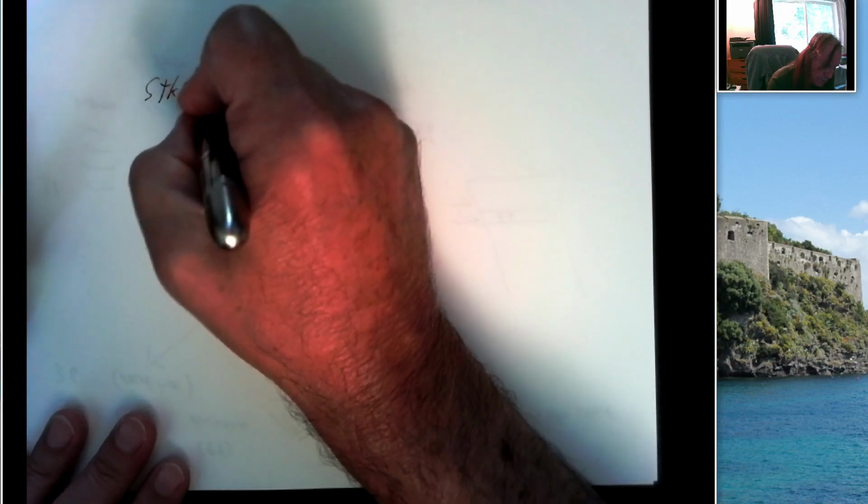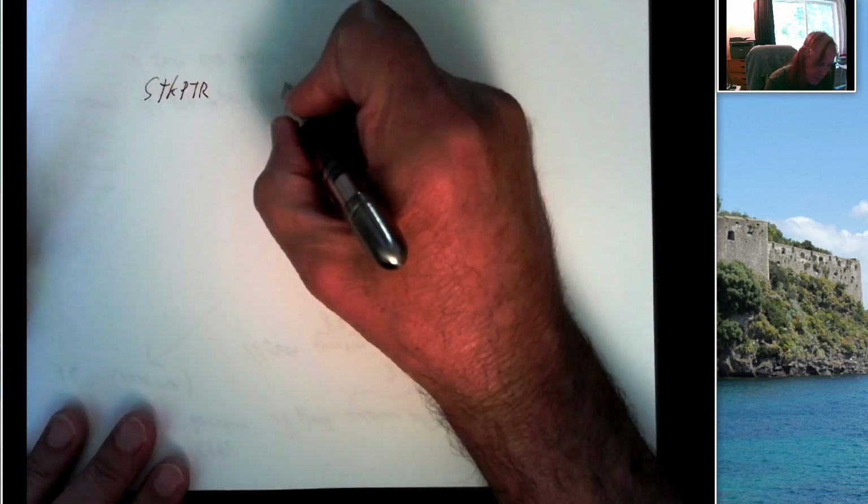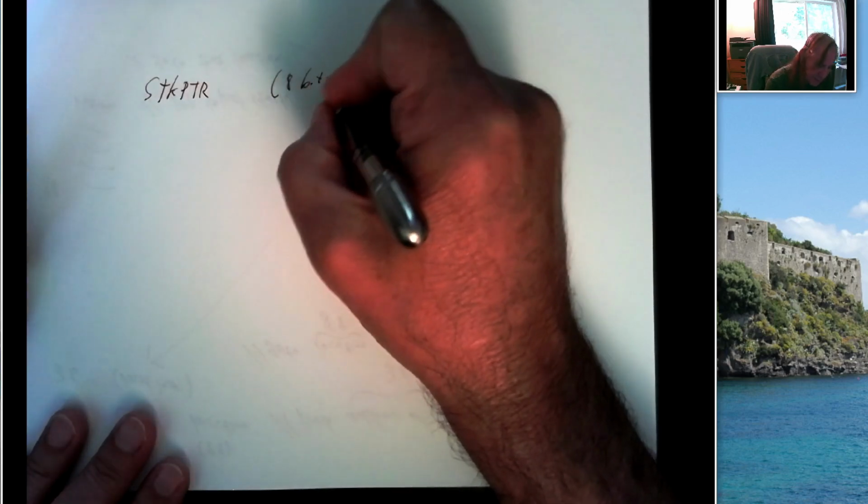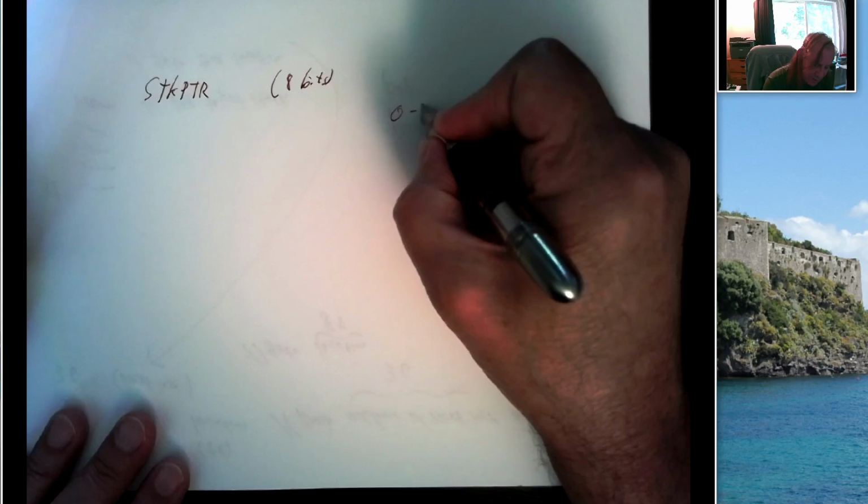Alright, and the last detail to talk about here is how these are implemented inside the PIC processor. Stack pointer is a special function register. It's 8 bits, like all SFRs. But it has to store a value from 0 to 31, which only takes 5 bits.